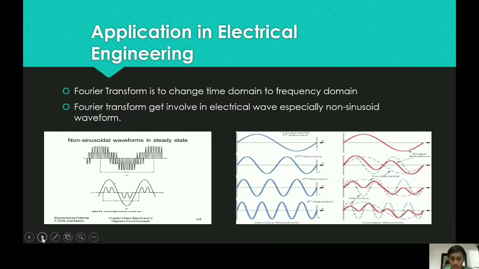Basically, Fourier transform has been used in many types of applications, such as in medical, in optics, and others. Okay, that's all for me. I would like to pass to the next presenter.